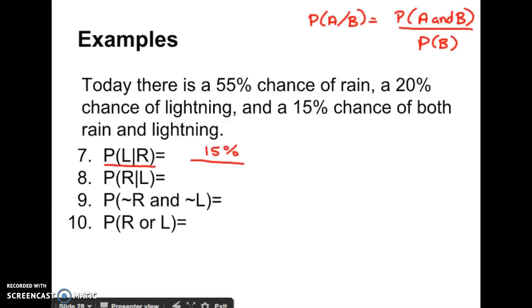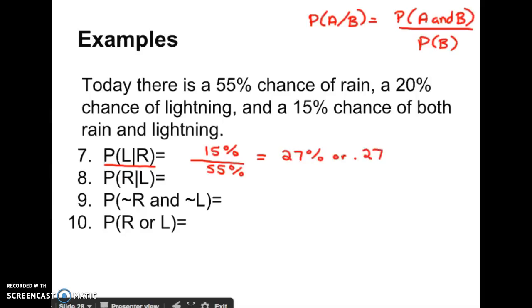Divided by the probability that it will just rain, because you know it's going to rain no matter what. So that probability is 55%. If you divide those on your calculator, you end up getting 27% or 0.27.